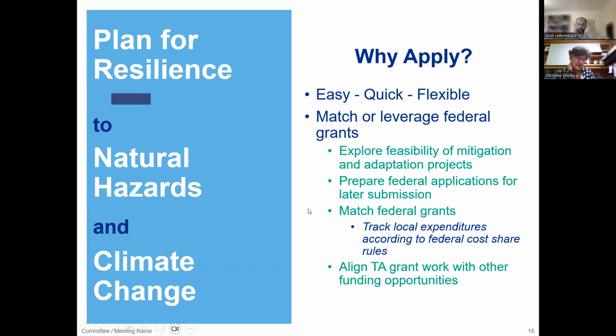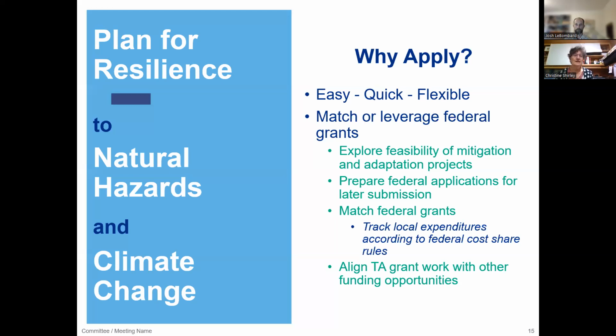But I would not recommend that you do it if you don't already have an application well underway, because it takes too long for FEMA to get through the process for you to use the funds effectively. And then, think about ways that your resilience planning can intersect with the other categories that Josh mentioned.